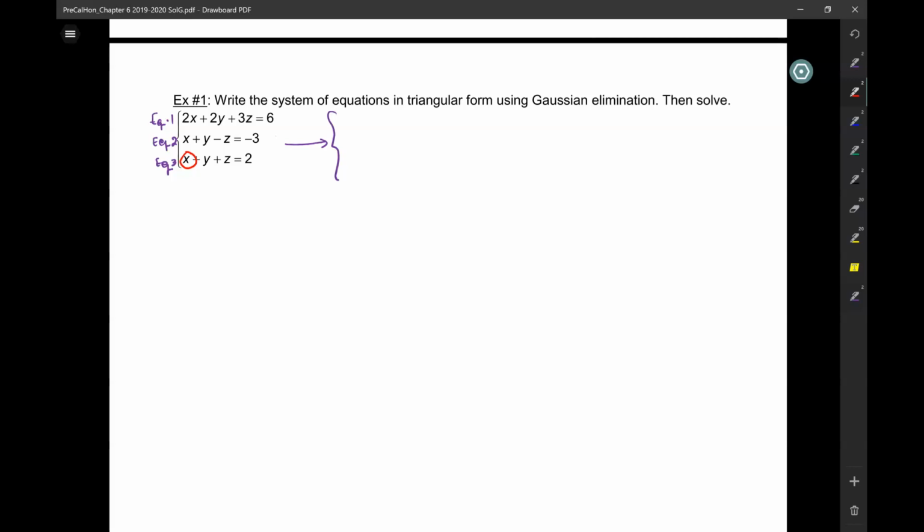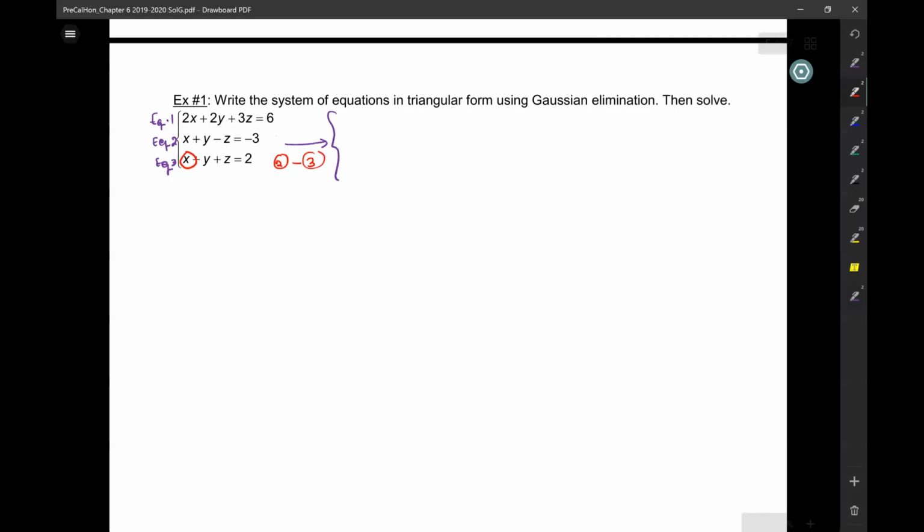Can I do equation 2 minus equation 3? Just look at the x's here. I could do that minus that. So I write a little note for myself: equation 2 minus equation 3.